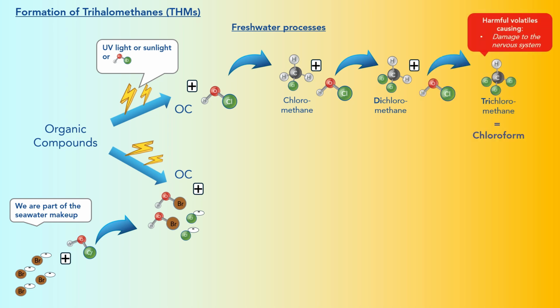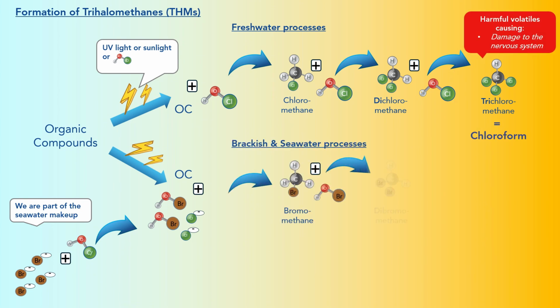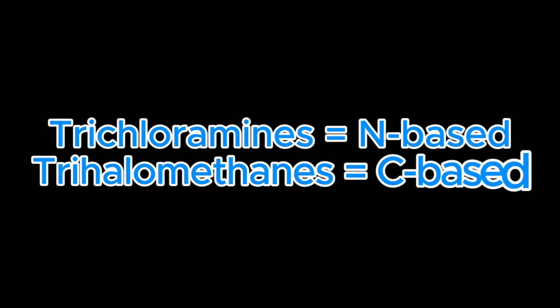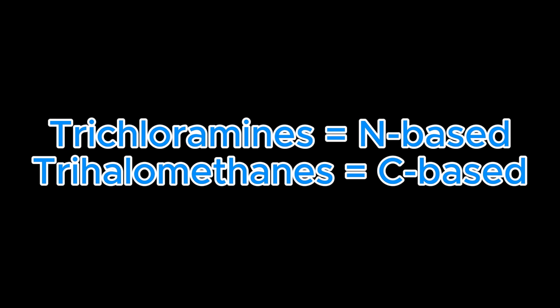As time goes on, there is an increasing chance of trichloromethane being produced. And also in seawater, we get tribromomethanes and mixed bromo and chloromethanes. Can you give us a key takeaway, Mike? Sure, if I understood you correctly, trichloramines are nitrogen-based reactions, while trihalomethanes are carbon-based reactions. Both are reduced with the increased removal of particulate matter.